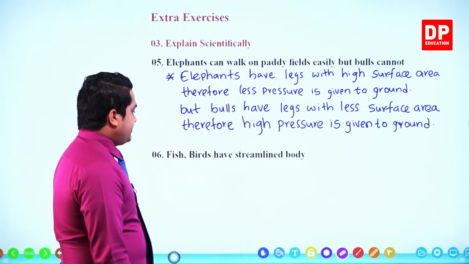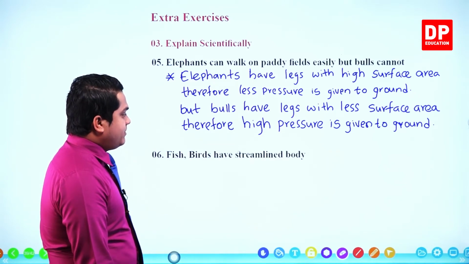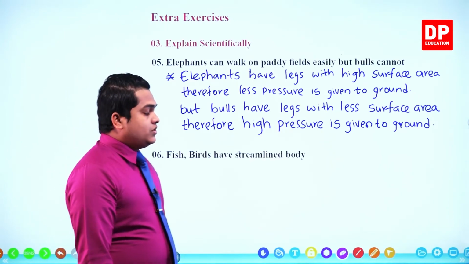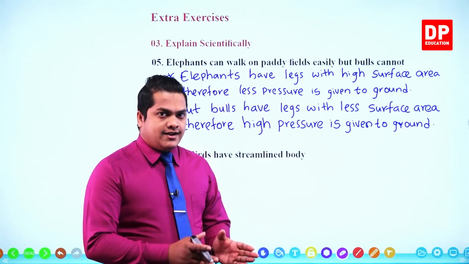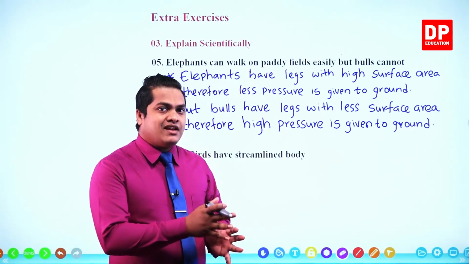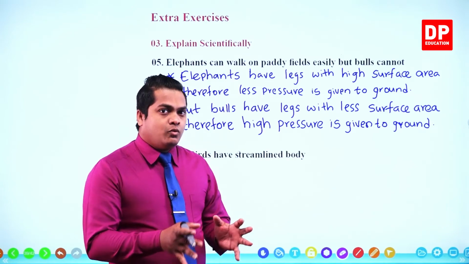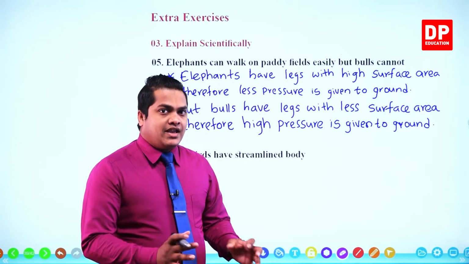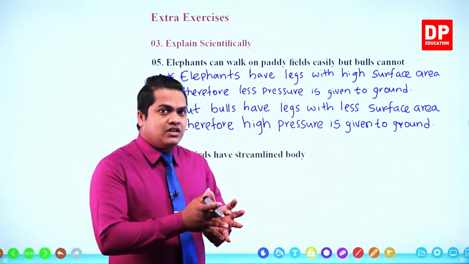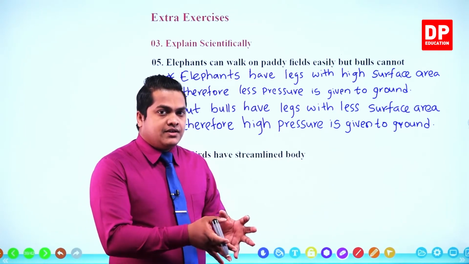Then the next one, fish, birds have streamlined body shape. So streamlined body helps to create a greater pressure and travel very fast within the air or liquid medium. So it helps to cut and travel through the medium.